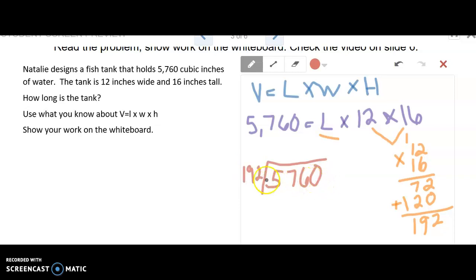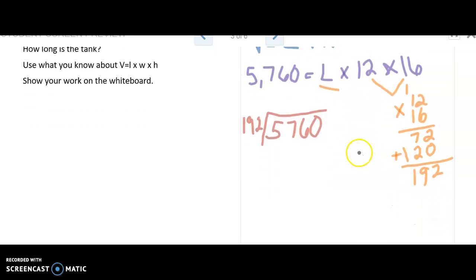Okay, so first I'm going to say, can I put 192 into 5? Nope, I've got to move to the next place. How about 192 into 57? Still can't do that. How about 192 into 576? Ooh, sure thing. But I've got to do some trial and error.